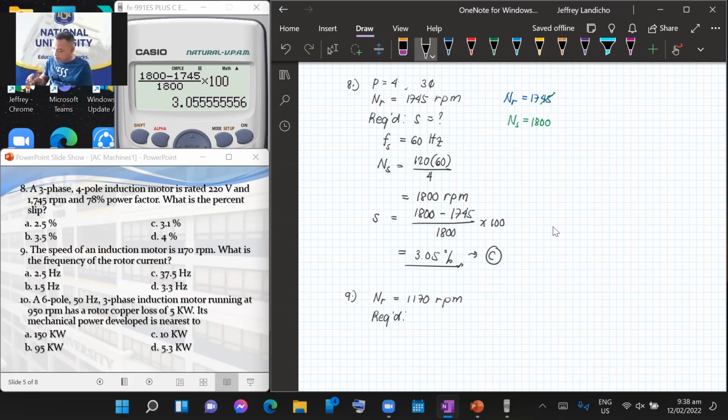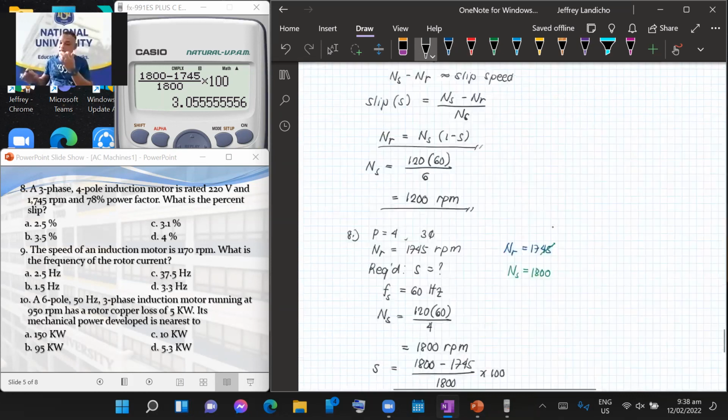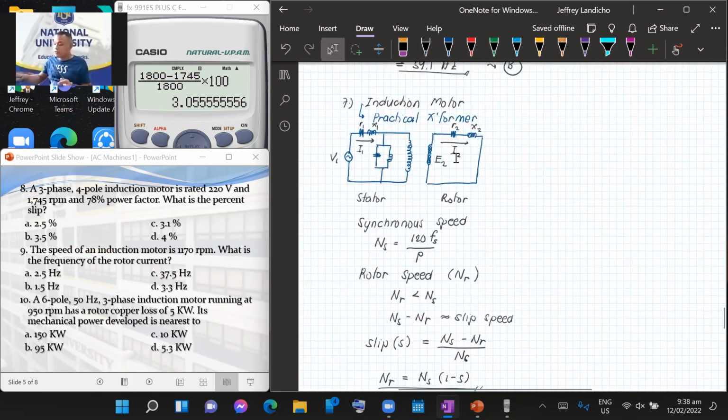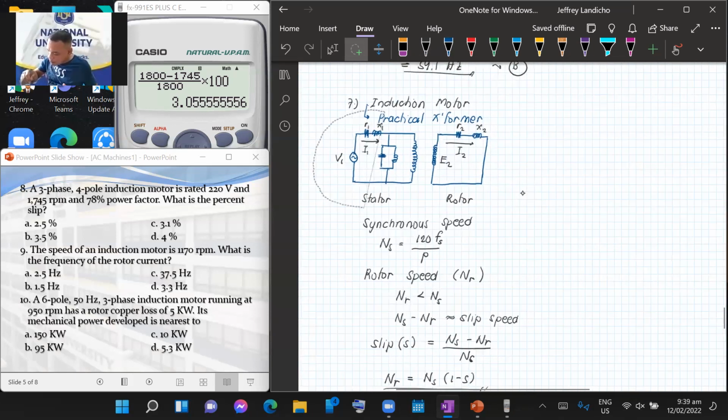So required frequency of the rotor, F sub R. Since AC yan, alam natin the current in this rotor, this is the rotor current, so this is also AC. So what would be its corresponding frequency? Okay? So balikan natin ito para tingnan natin ano ba behavior ng ating motor.